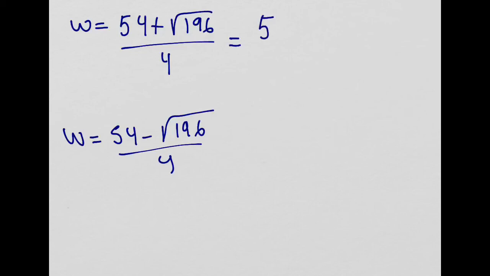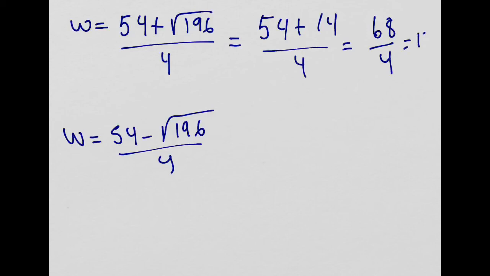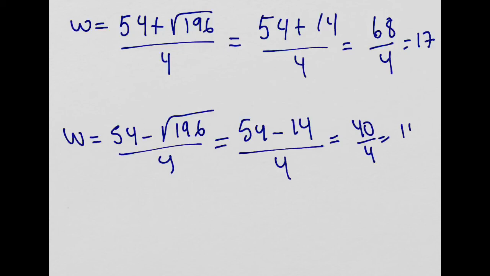This gives me 54 plus 14 over 4. 14 plus 54 is 68, divided by 4. Does that simplify to a nice number? 17. Perfect. So this other one is 54 minus 14 over 4. And 54 minus 14 gives us 40, divided by 4 gives us 10.